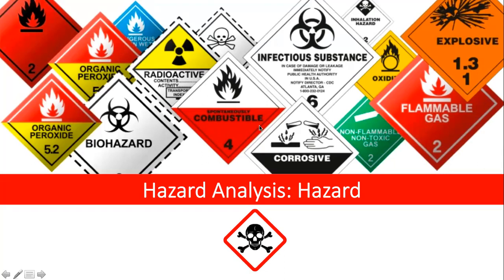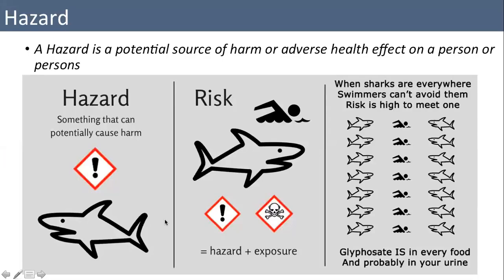All these hazards have internationally recognized marks and symbols, and we have to use these things. And what is a hazard? Actually, a hazard is a potential thing. In this first picture, you can see a shark.